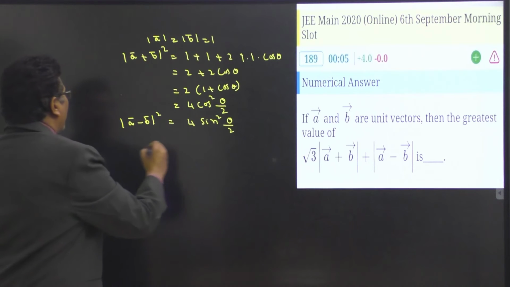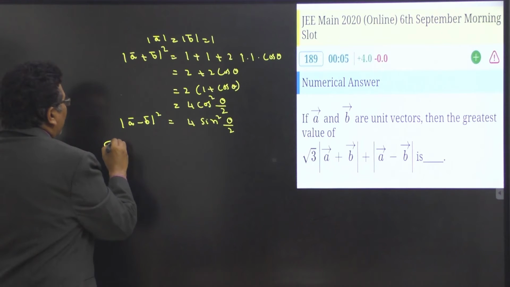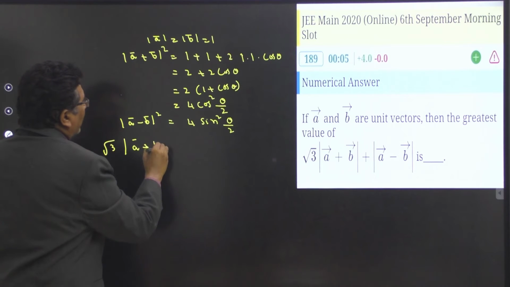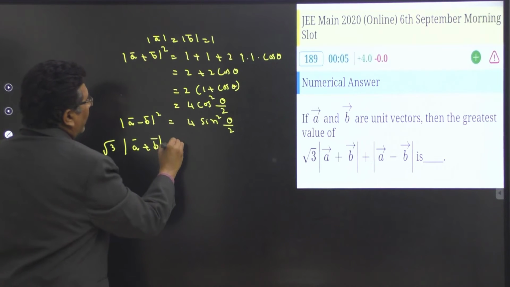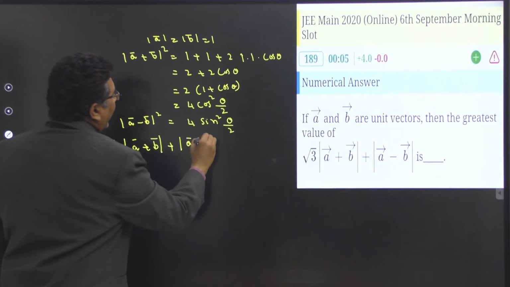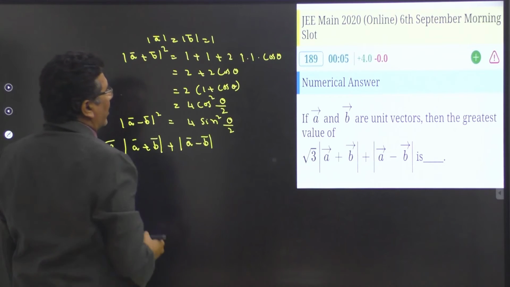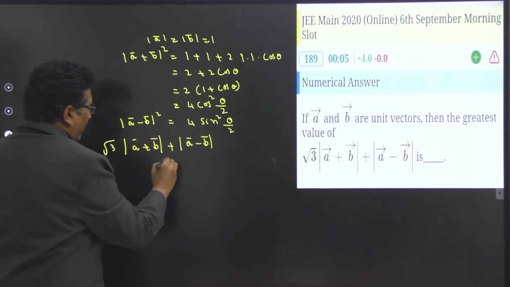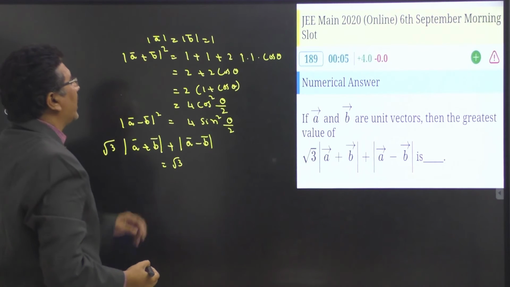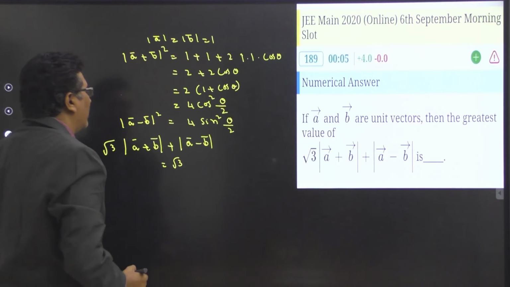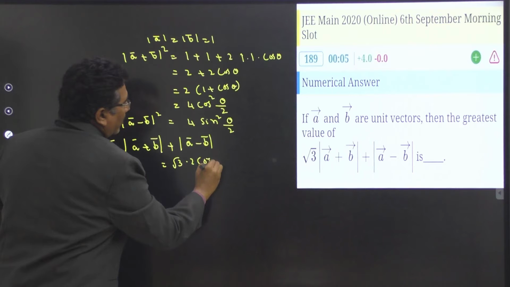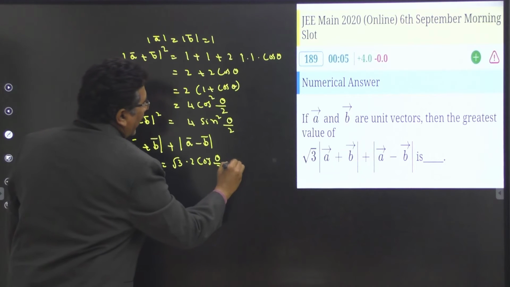Right. Now we want to calculate the greatest value of root 3 into modulus of A bar plus B bar plus modulus of A bar minus B bar. That is equal to root 3 into, what is modulus of A bar plus B bar value? 2 cos theta by 2.